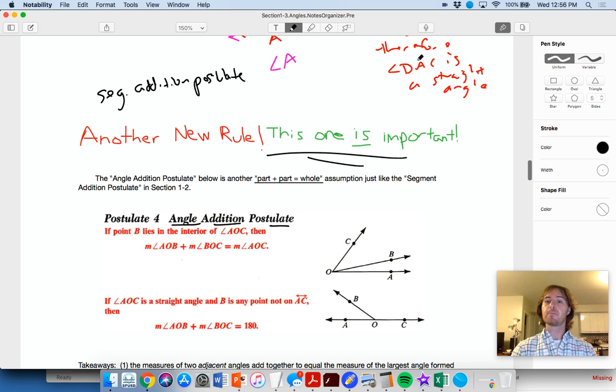Remember, the segment addition postulate was a thing where if you have a segment, you can add parts of the segment, lengths, parts of the distance of the lengths of the segment together to equal the whole length of the segment here. Okay, so let's just remind you what the segment postulate is here. So say if I have a segment AB, segment AB here.